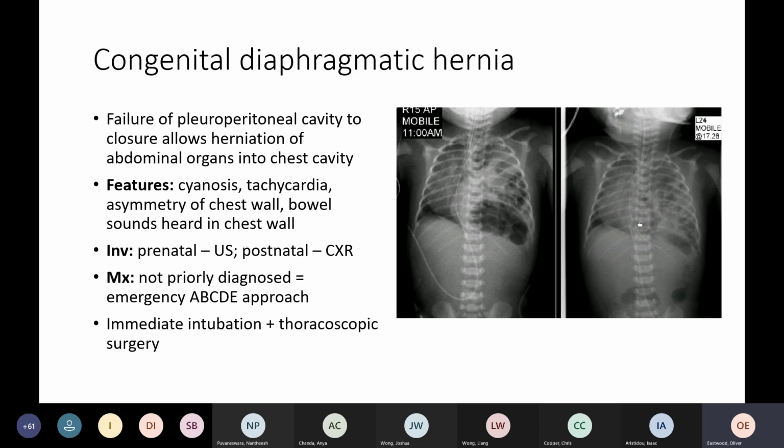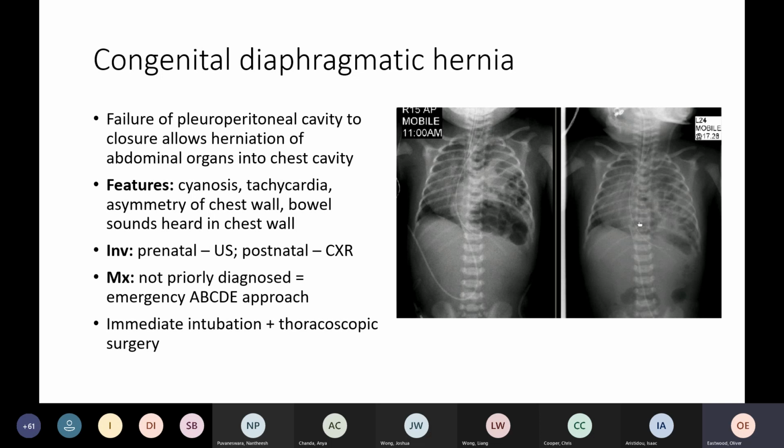You want to immediately be trying to manage their airway, ventilate them, and get surgery as soon as they're stabilized. It has very poor outcomes if it isn't diagnosed beforehand, but fairly decent ones if it is, and it can sometimes be operated on in the womb as well.